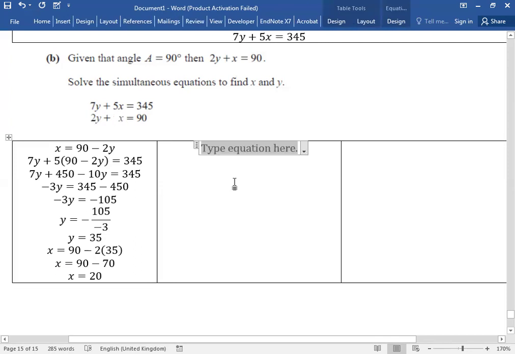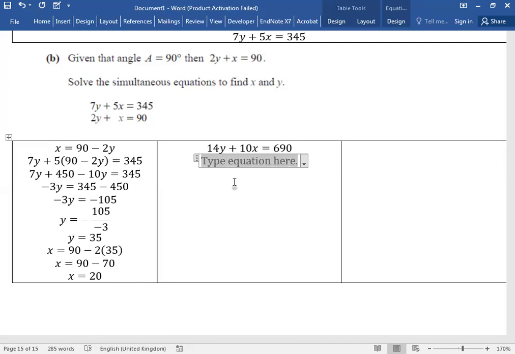So if I multiply it by 2, what will I get? 14y plus 10x is equal to, make sure the entire equation is multiplied by 2, 690. Now the second one multiplied by 7, 14y, 7x, 9 sevens are 630.